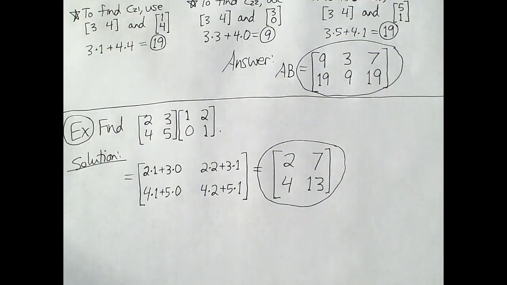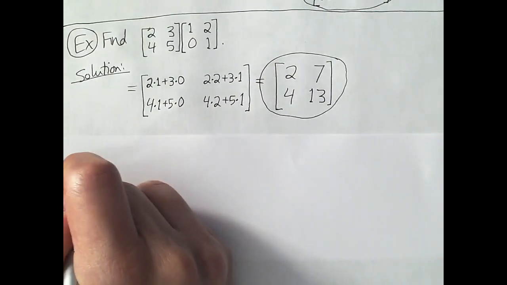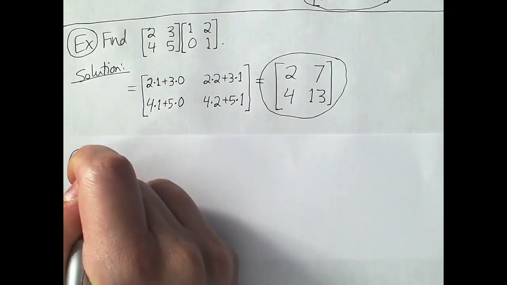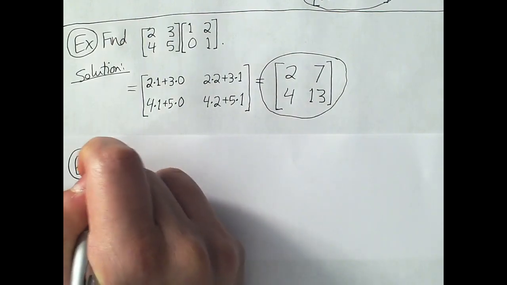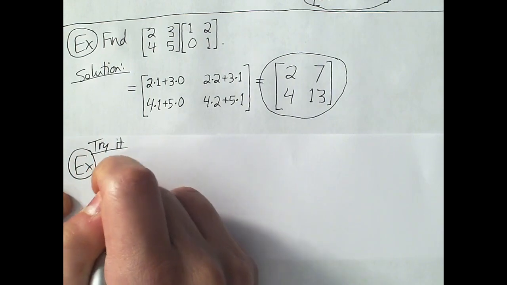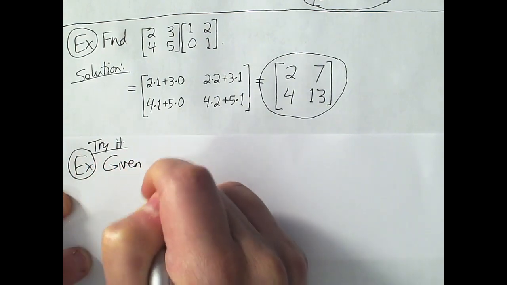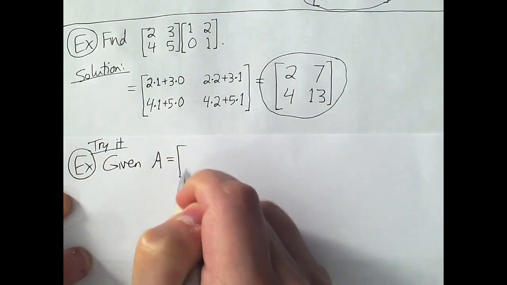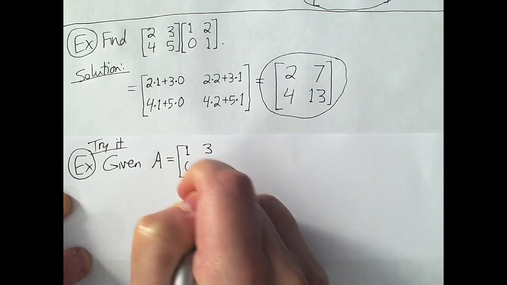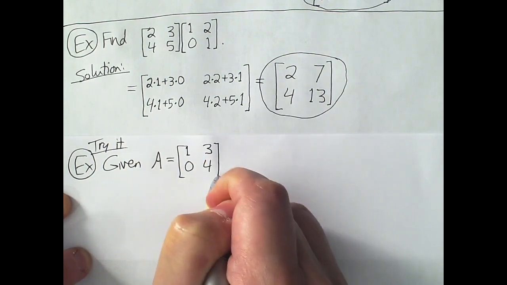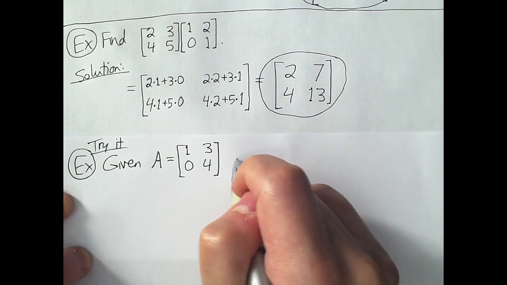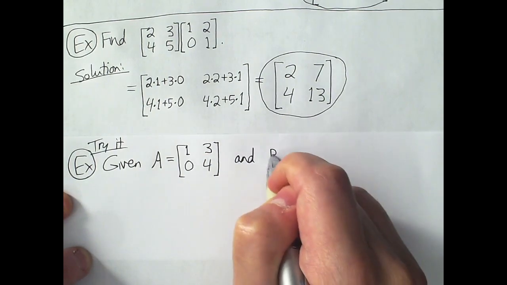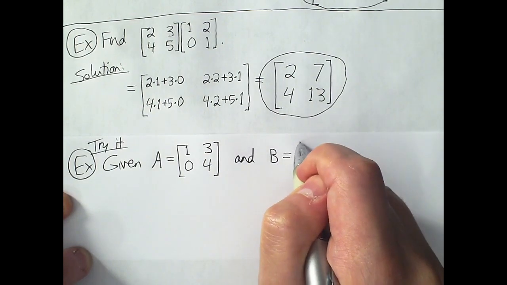All right, let me give you a problem to try. Get a fresh sheet of paper for this. Let's say you're given A equals 1, 3, 0, 4. There's going to be multiple parts to this, so wait until I write all of it. We're not just multiplying.